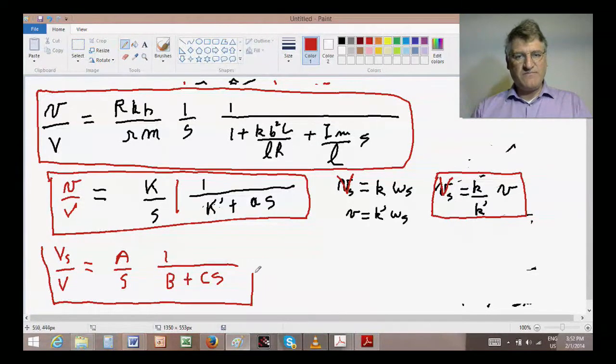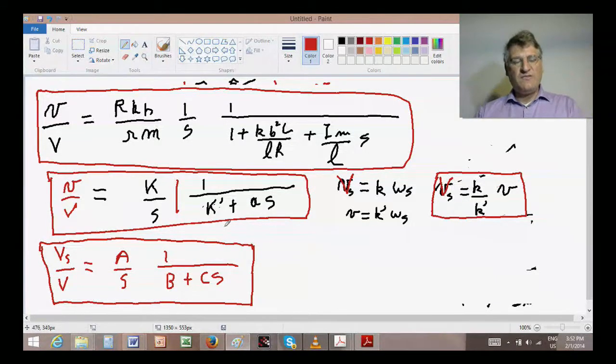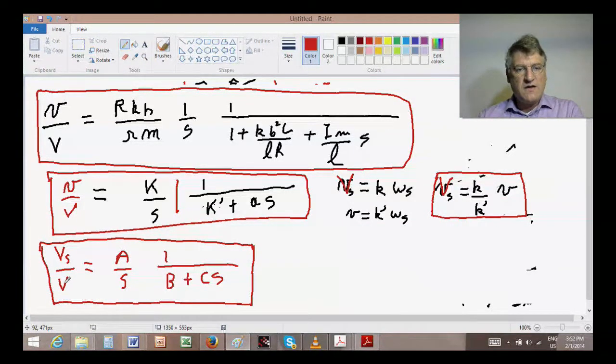That's the general expression. And what it says is that the response of an input voltage which is held constant by the output will be a ramp filtered by a first order transfer function.